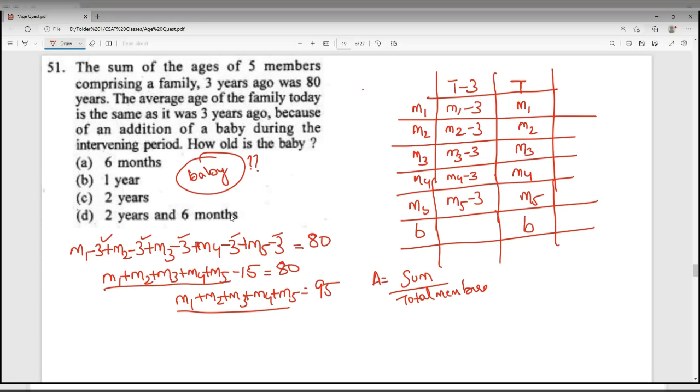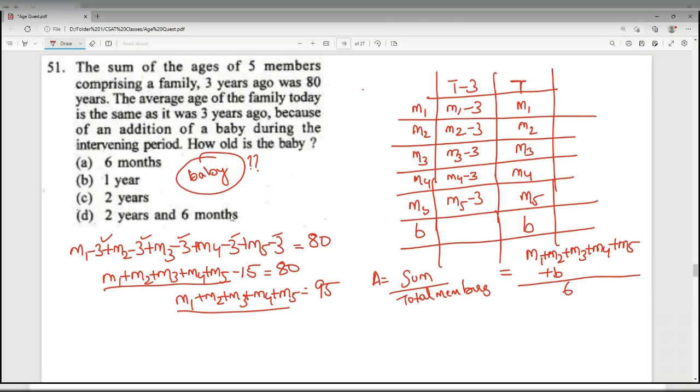So this average, that is M1 plus M2 plus M3 plus M4 plus M5 plus the baby, divided by, there are 6 members here, is equal to the average of the family 3 years ago.